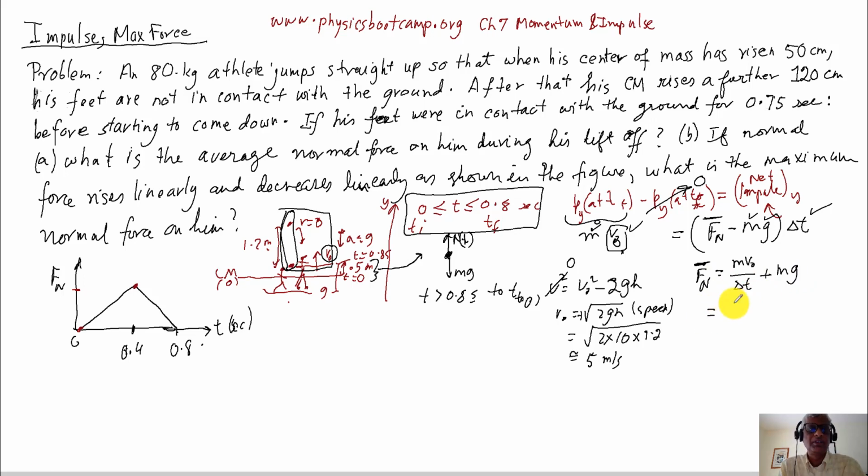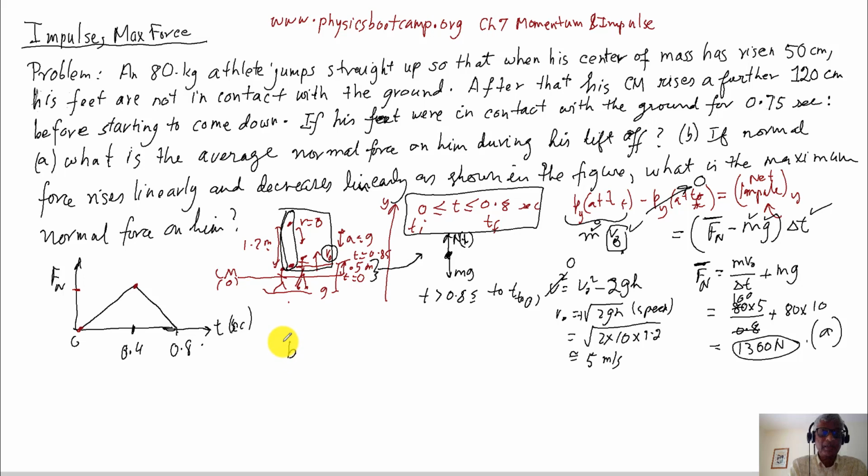So m is 80 kilograms, v0 is 5, delta t is 0.8, plus 80 times 10, and so this is 1300 Newton. Okay, so this is A.